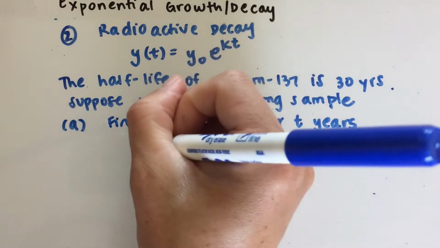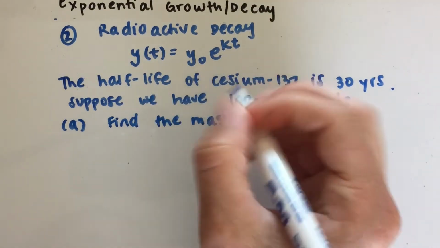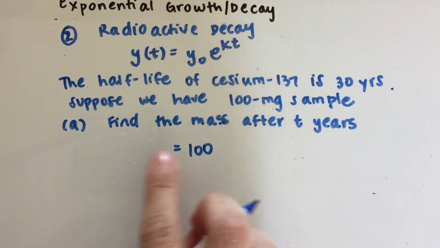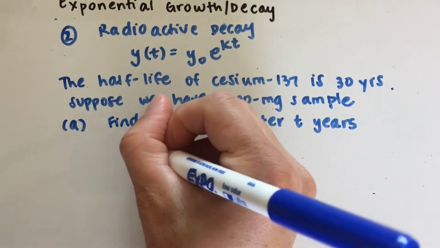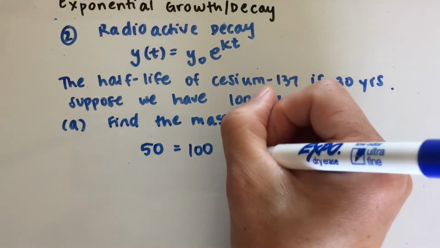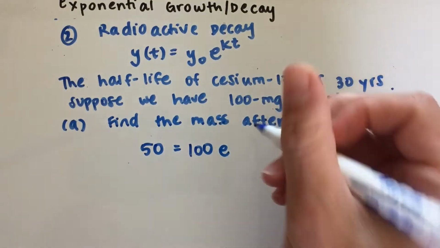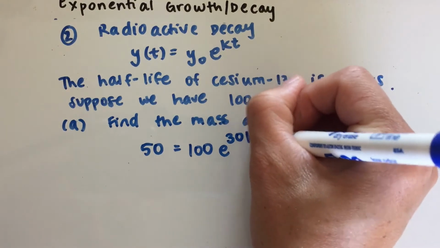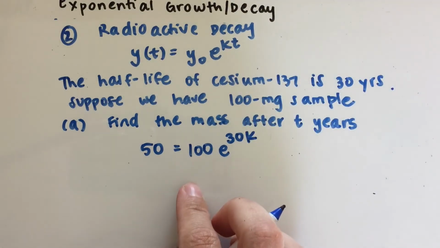So we know that if we start with 100, and in 30 years we get half that amount, which is 50, and then the half-life is 30 years, we'll have e to the 30 times k as our equation.